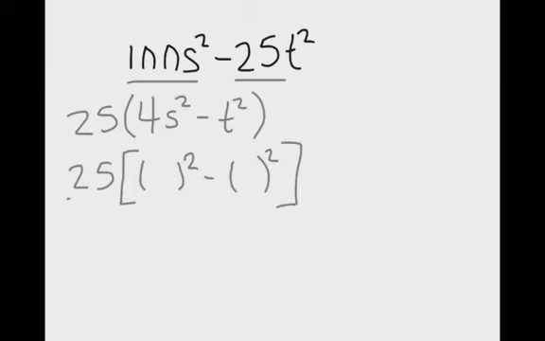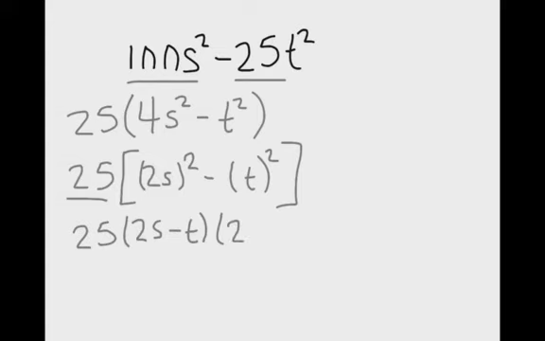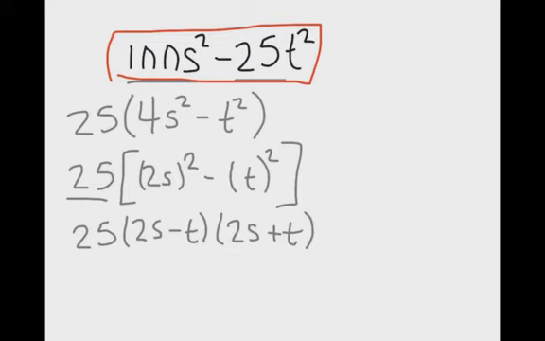The only thing that is different is we have this 25 out in front. So we're going to have 2s in the first one and t in the second. Then when we write our parentheses, we have our 25 still out front, then our 2s minus t and our 2s plus t. Now if we factor this all out, we should once again get 100s squared minus 25t squared.